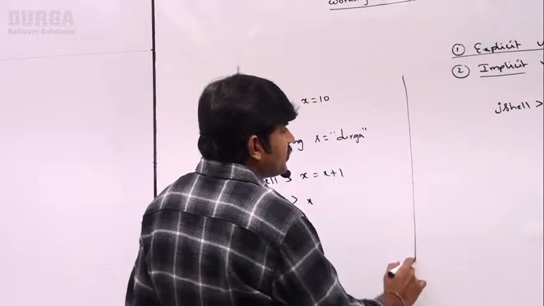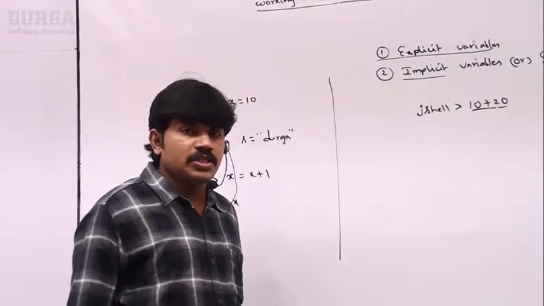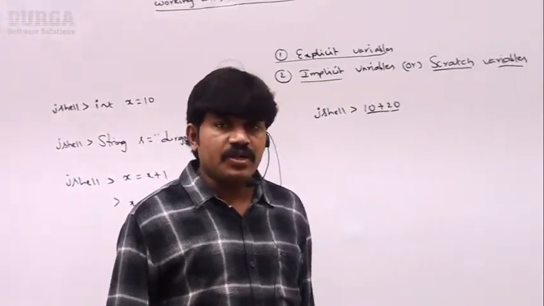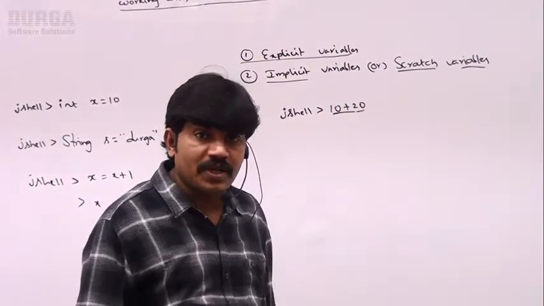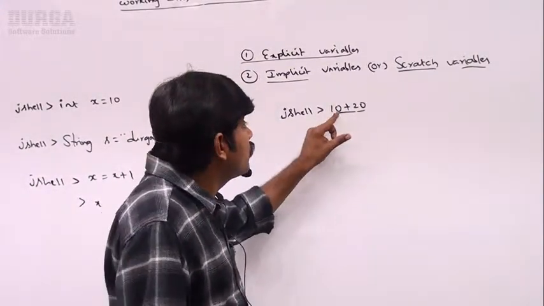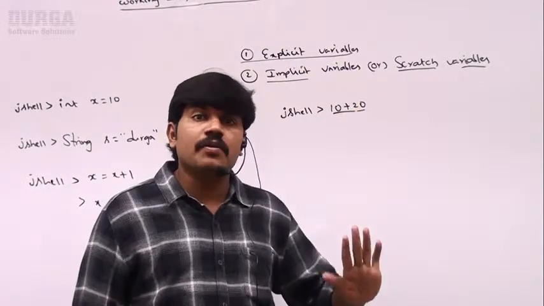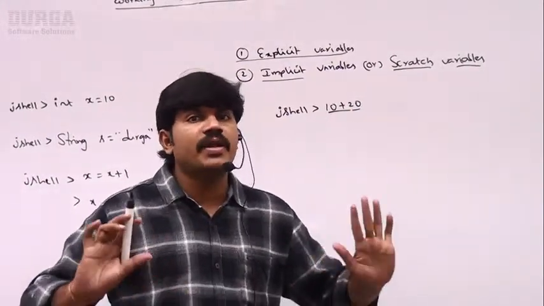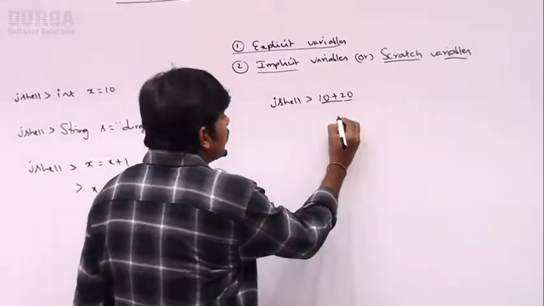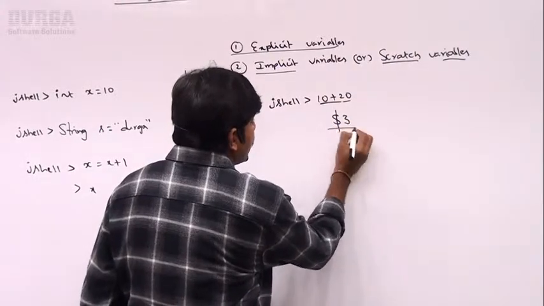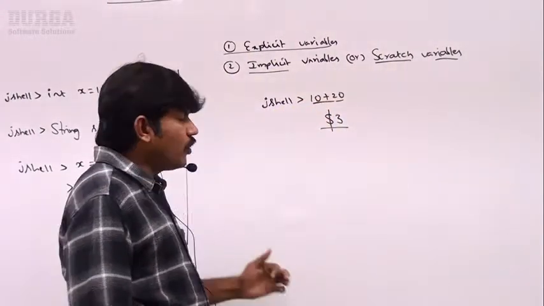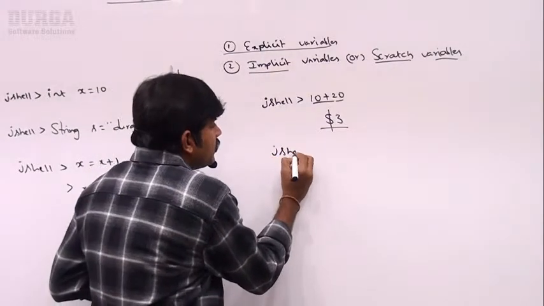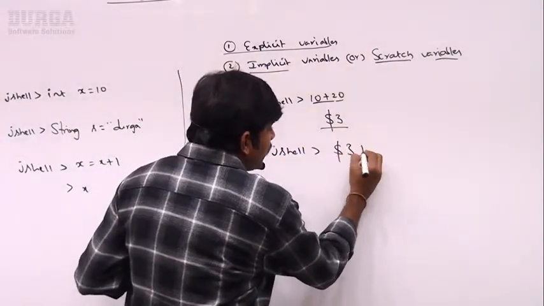Now my question is, is it possible to use implicit variables based on our requirement or not? Yes, in the remaining lines of coding snippets, if you want, you can happily use these scratch variables also. Assume $3 holds 30. Now I take $3 plus 50.